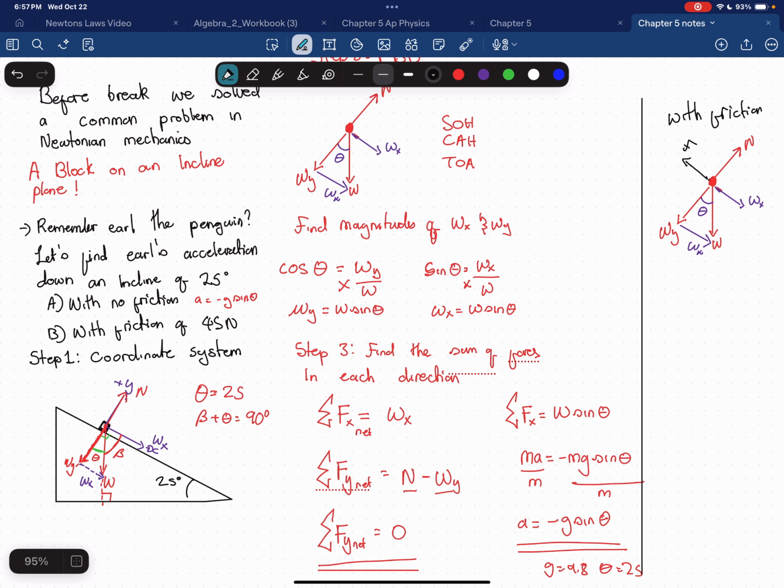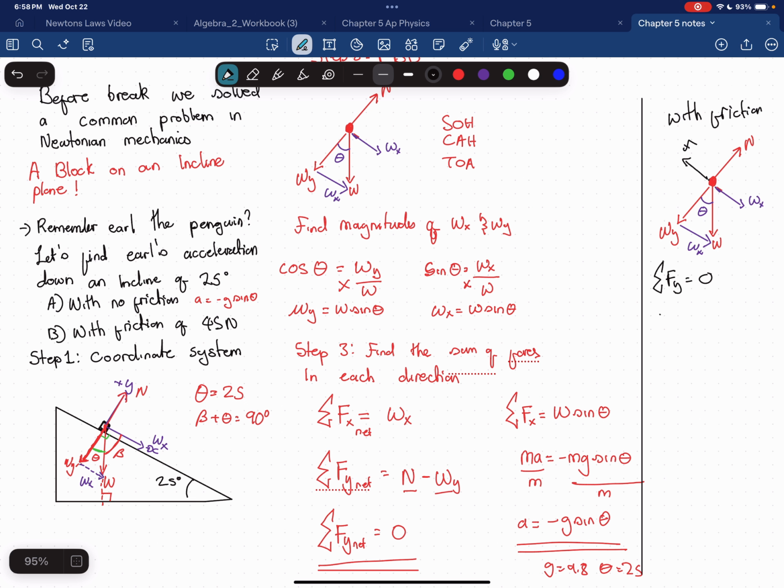So, we've already done step 1, 2, and now we're moving on to step 3. Everything is still the same. We only have friction now. So the sum of forces in the y direction is still 0.